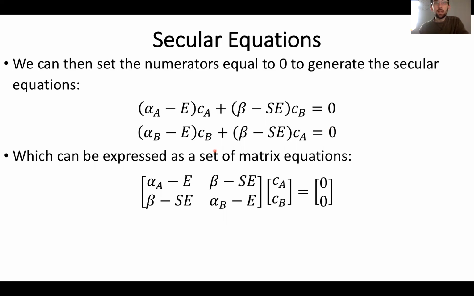A way to think about how you set up a series of equations in matrix form is that it is essentially telling me that CA times the first term plus CB times the second term gives me this top value. And CA times the first term plus CB times the second term gives me the second value.